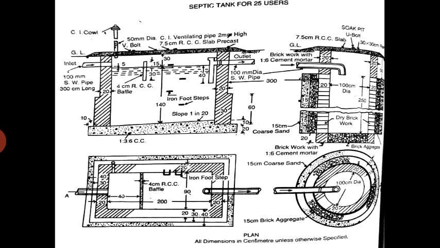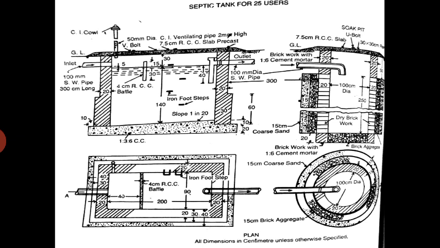Then inside the septic tank, they are using 12 mm cement mortar for the plastering, and it has to be finished with 20 mm cement plaster of 1:3 mortar mix above the 12 mm they are placing.